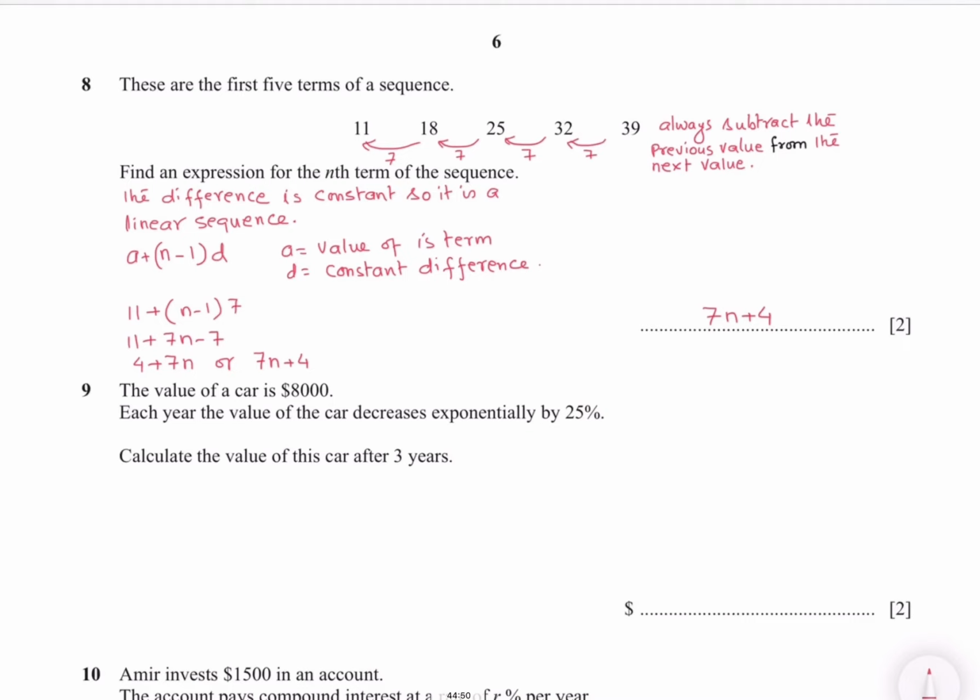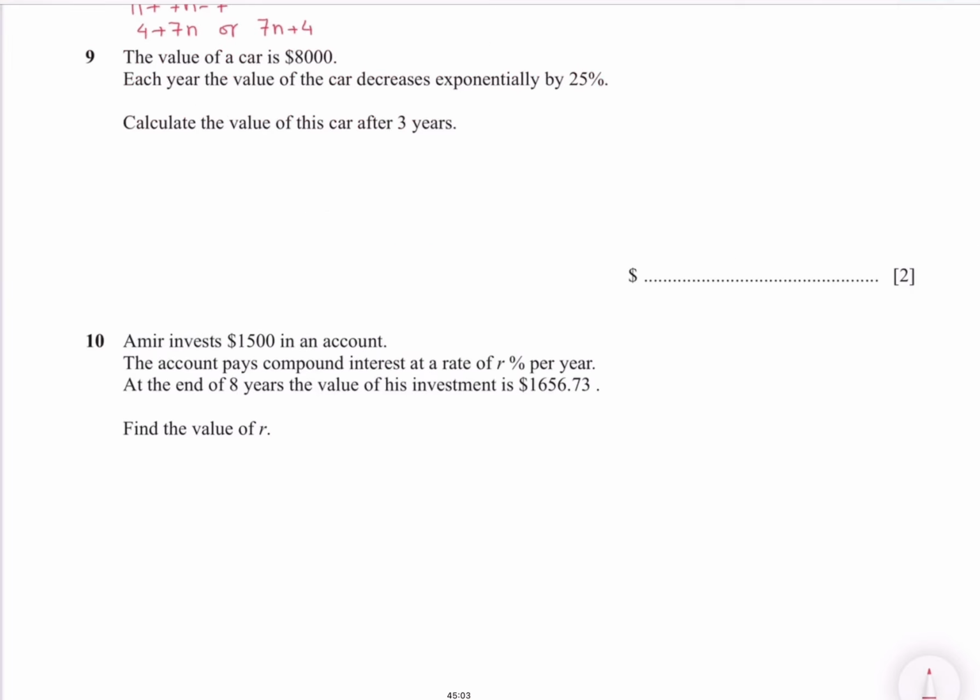So time is 3 years, 25% means rate, exponential means it is compound interest, and the value of the car is given. So you must remember the formula for compound interest, which is A equals P bracket 1 minus R over 100 power n.